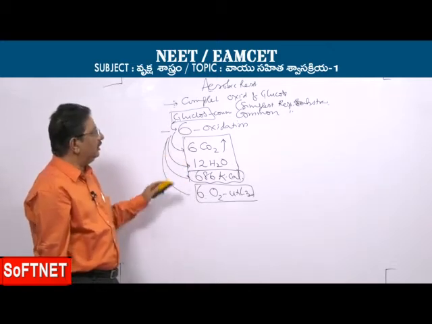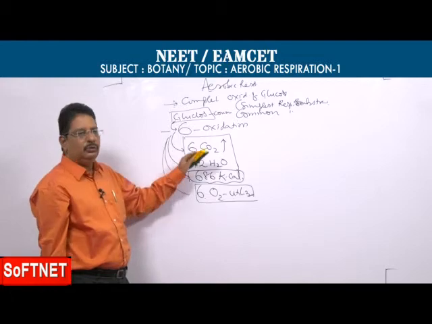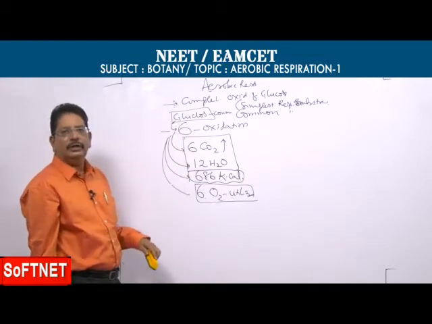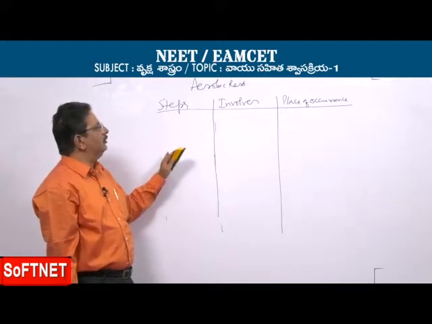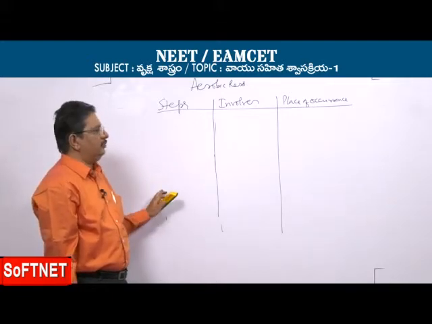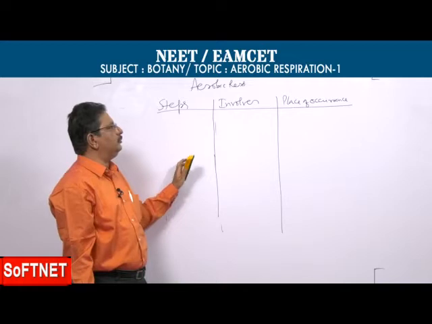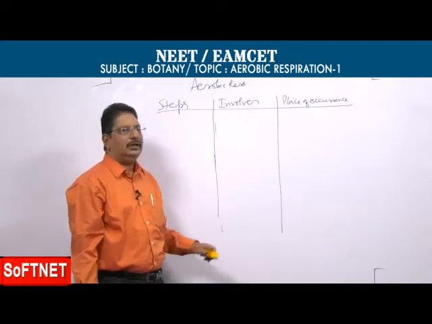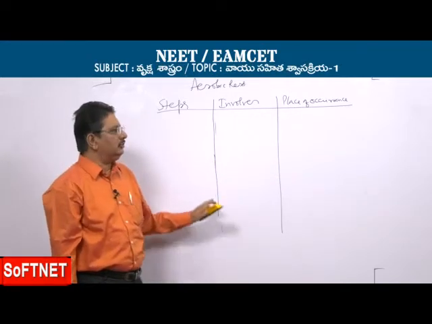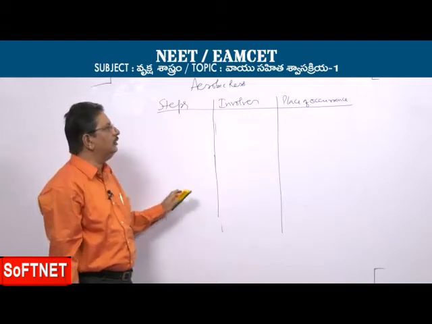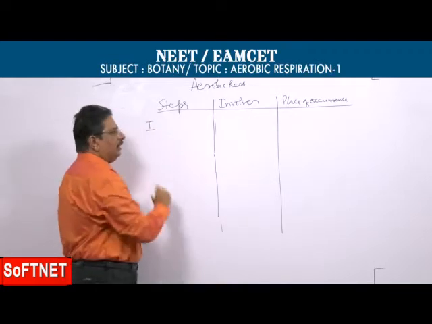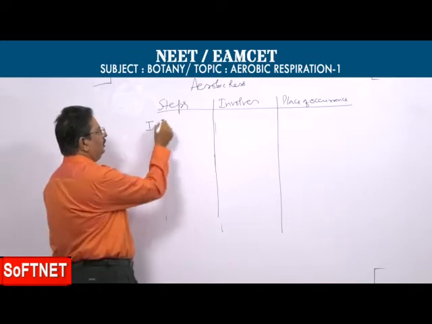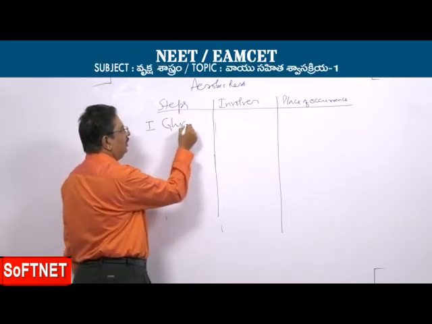So, let us take what equations occur in aerobic respiration. Let us take the various steps that occur during aerobic respiration, and during those steps what events occur and where those events occur. So, a glance of aerobic respiration. The first step in aerobic respiration is known as glycolysis.